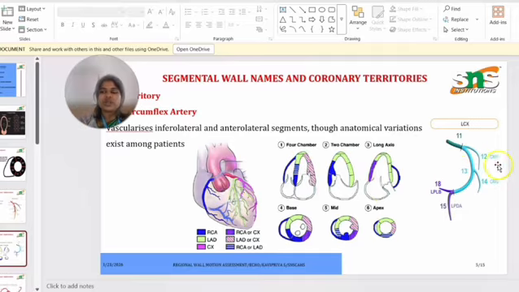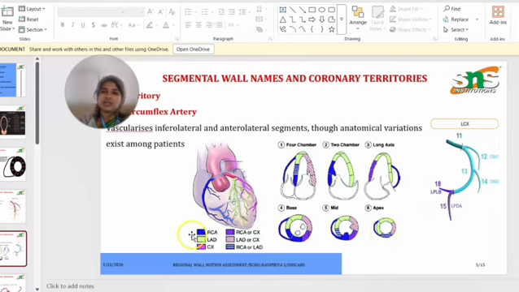Here the inferolateral and anterolateral segments of LCX supply blood to the heart, and the segments 11, 12 and 13, 14, 18 are also compared there.